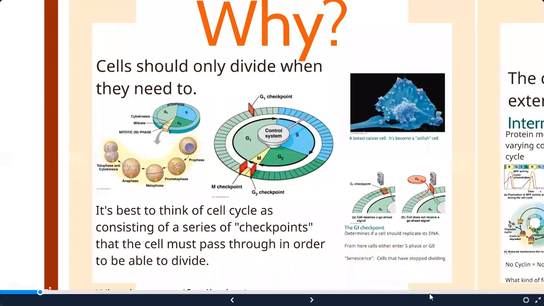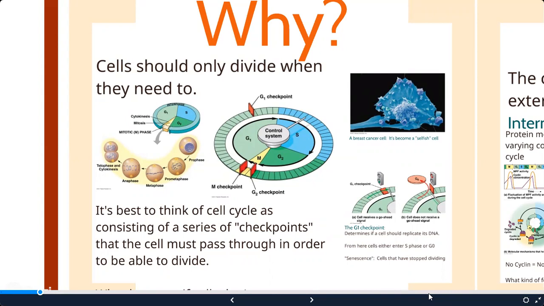There are other times too that cells need to divide, for growth of a multicellular organism. So we all, as people, started off as a single zygote, but then eventually most of us are adult humans or almost adult humans. So we had to go from that one cell to trillions of cells, and you had to do that through cell division.